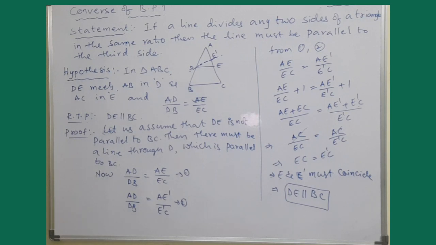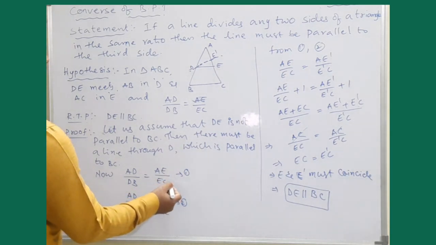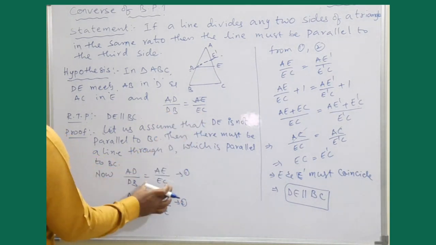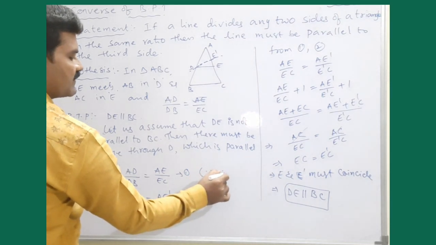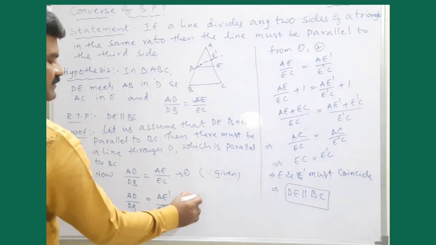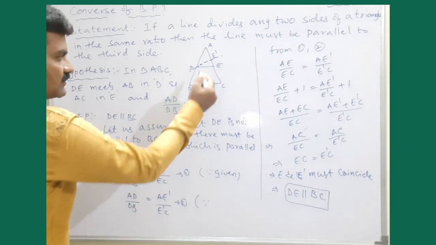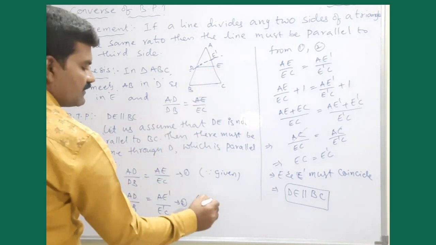So observe the diagram, the construction and the procedure also. This is given already, and this statement is because when a line is parallel to the third side, it is because of BPT.